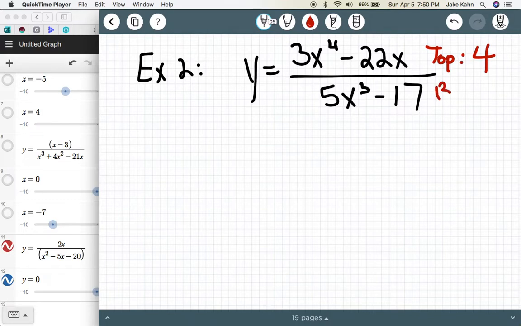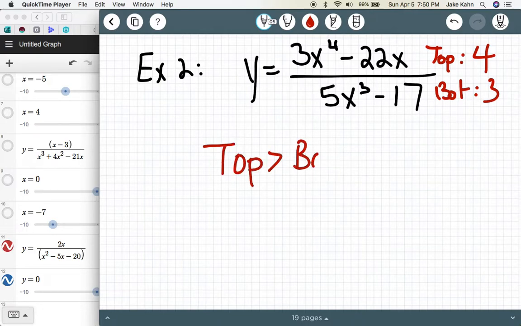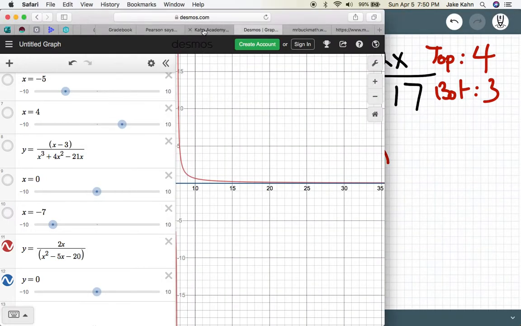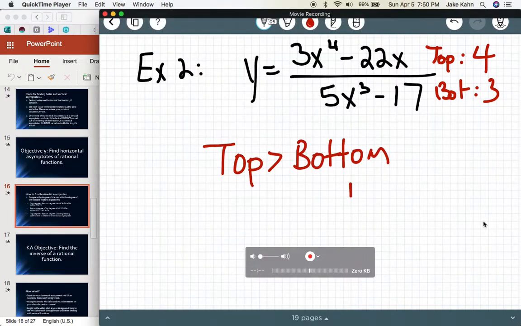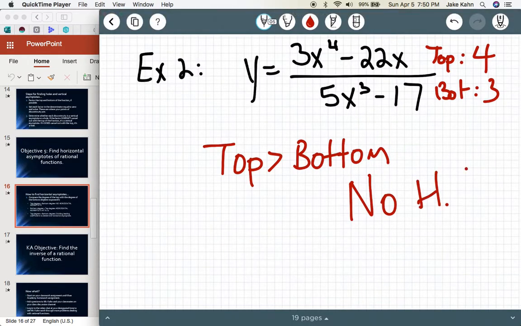The bottom degree is 3, which means that the top is greater than the bottom degree. What does this mean? Consult your notes again, consult that slide. If the top degree is greater than the bottom degree, that means that there is no horizontal asymptote. So please write that: there is no horizontal asymptote.